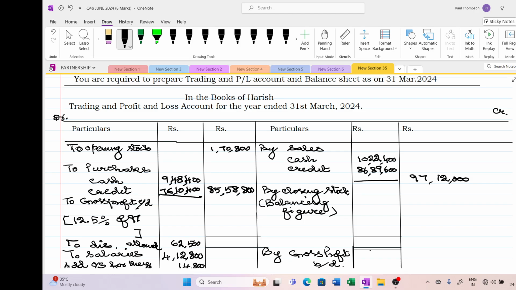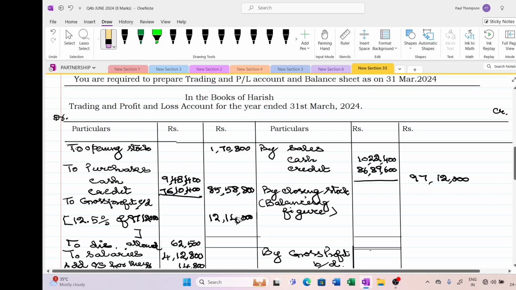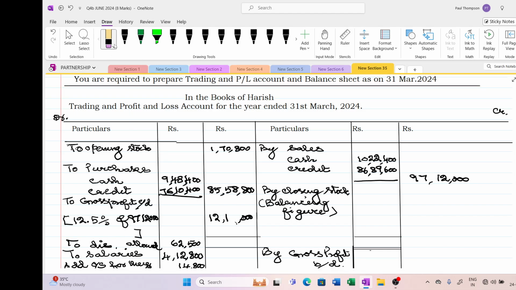You have to find out the gross profit. What you are taking, the 12.5% comes to 12 lakh 14,000. Now you add up this and find out the balancing figure. Sorry, the balancing figure will be your closing stock.